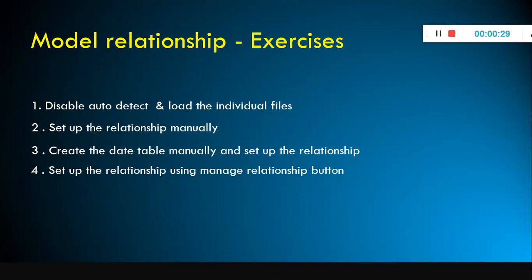But sometimes Power BI's auto detect feature, which is nothing but automatically detecting the relationship between tables, does not always work well. In that case, we need to set the relationship manually. So we are going to disable the default auto detect option, load the data files, and then set up the relationship manually. And also we will create the date table manually.